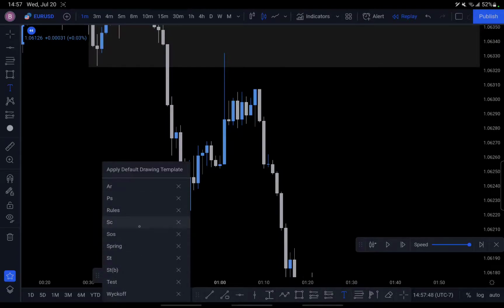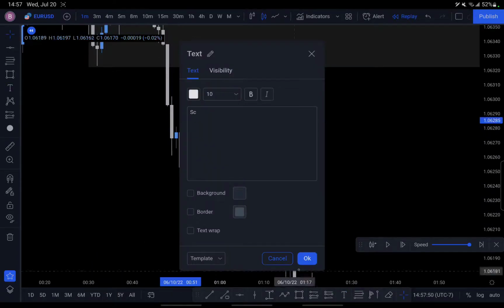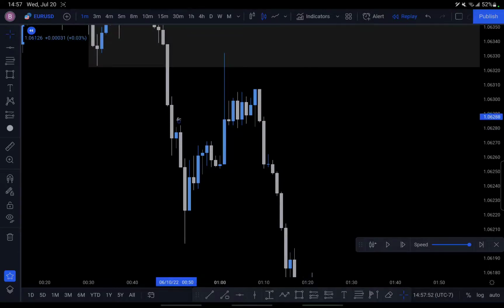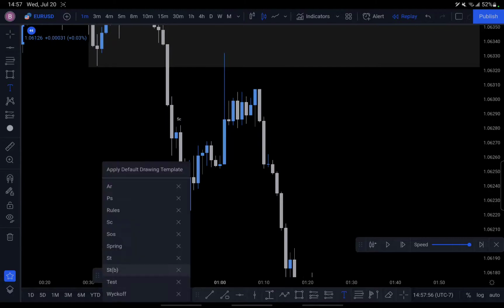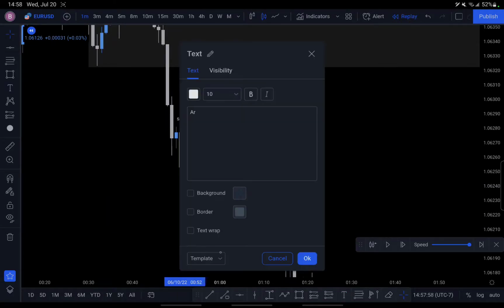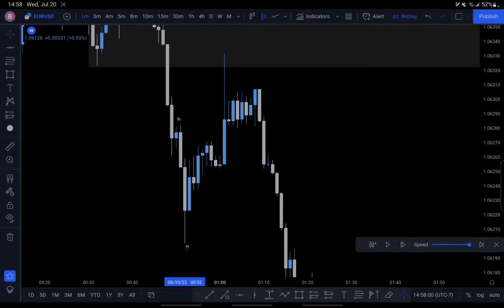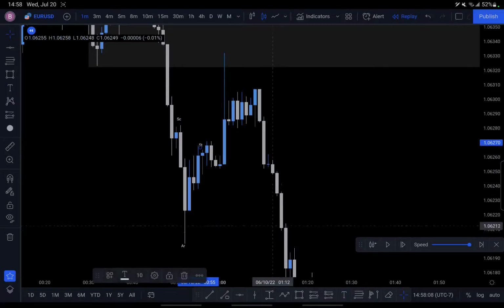Okay, we have our buyer's climax here. Okay, we have our automatic rally way down here. We have our secondary test. Label this one secondary test right here.